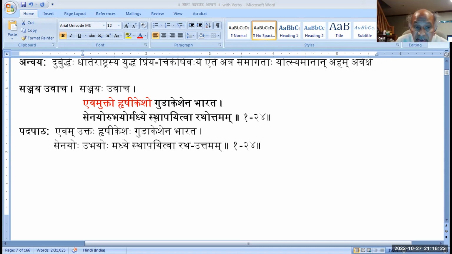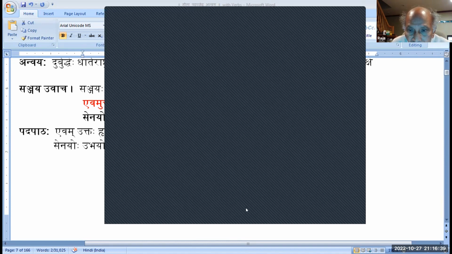Senayor ubhayor madhye sthapayitva radottamam. So when you break it, you have to break it properly. So the book everybody has is the following. Let me see if I have that here.